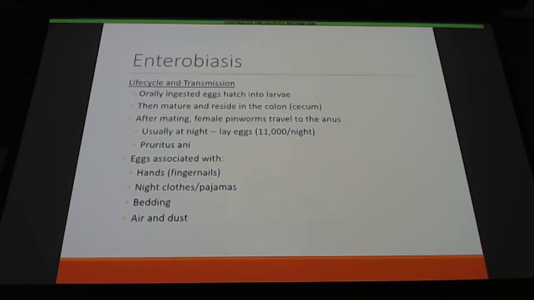They lay the eggs in this gelatinous substance for protection, which is one of the things that also irritates your rectum, which causes you to itch, to include the movement of the worm in your rectal area. So you have multiple reasons why you get that perianal itch.